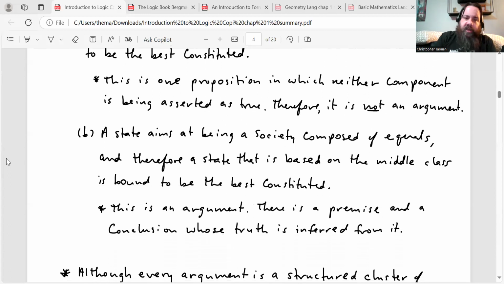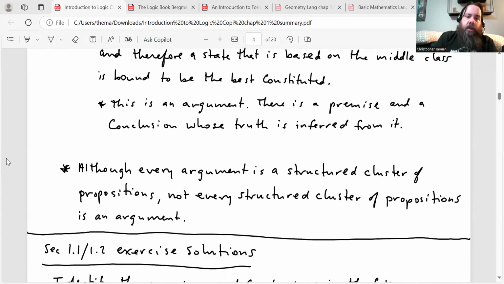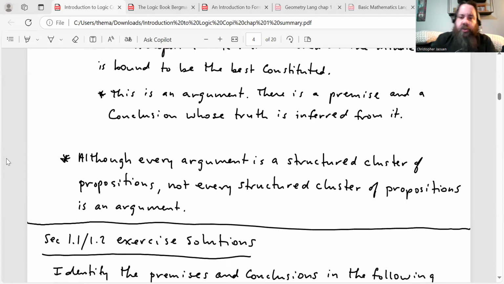However, we can restate it as we do in Part B: a state aims at being a society composed of equals, and therefore a state that is based on the middle class is bound to be the best constituted. This one is an argument. There's a premise and a conclusion whose truth is inferred from it. Although every argument is a structured cluster of propositions, not every structured cluster of propositions is an argument.